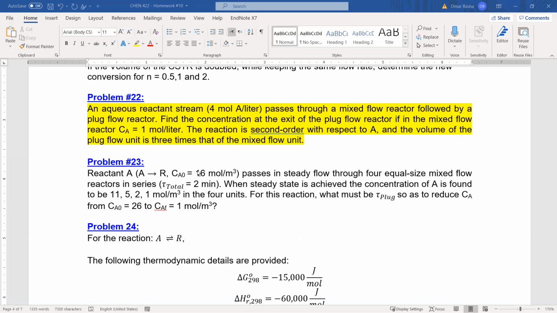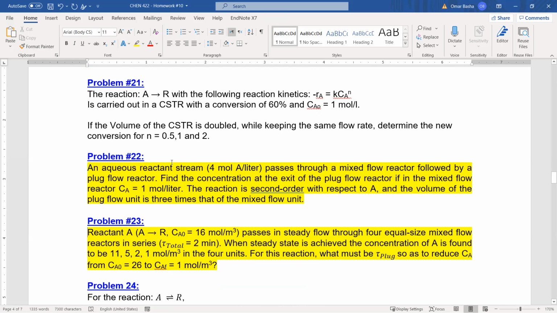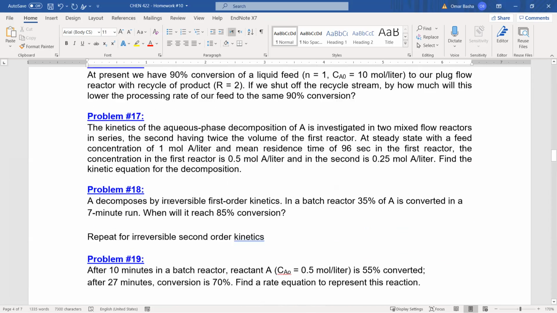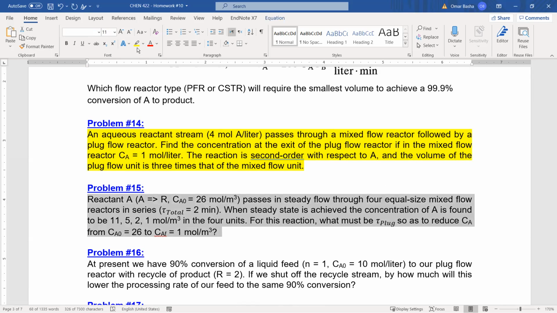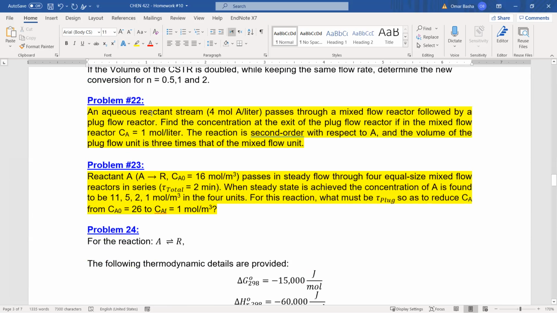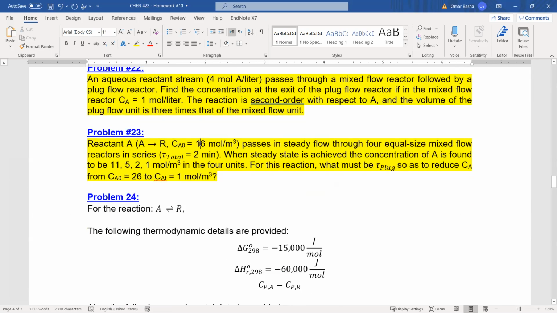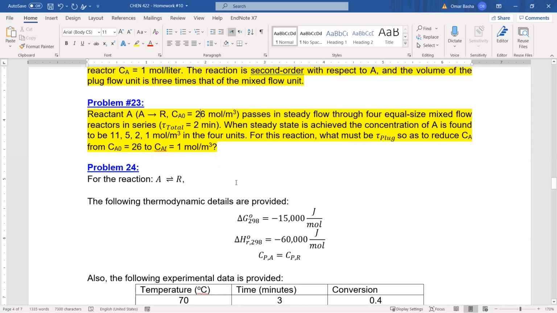Reactant A goes to R, passes in steady flow through 4 equal size CSTRs. Okay, so this one's also similar to, is it similar? Yeah, this is similar to problem 15, right? So problem 23 is the same as problem 15.